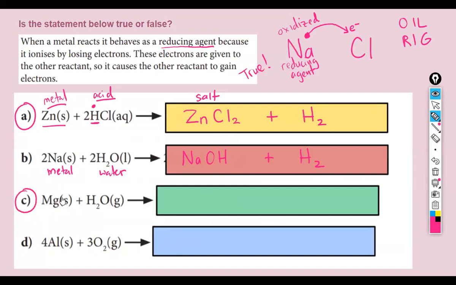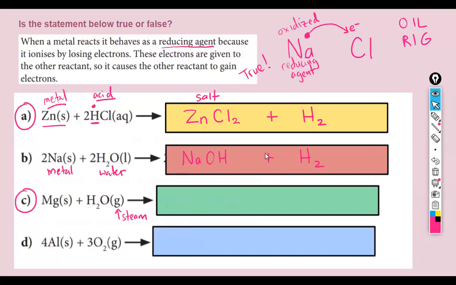This is magnesium plus H2O, but it has a (g). This means this is steam. Look back in your notes. A metal plus steam will give you what? When it's water, you just get metal hydroxide.